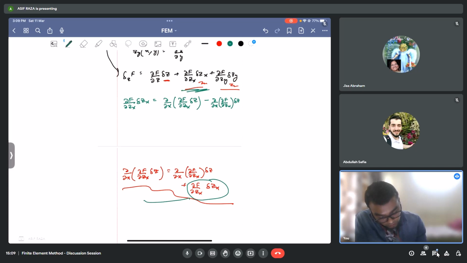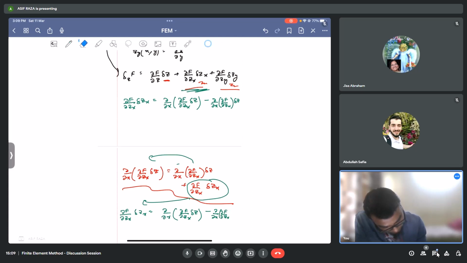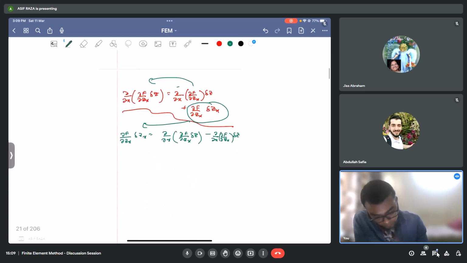To get this dou f by dou z x, we just take this term to the left hand side. So we'll get minus dou by dou x of dou f by dou z x dou z. Similarly, with respect to y, we substitute it, we'll get this.